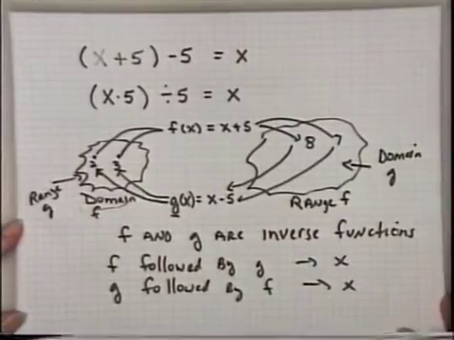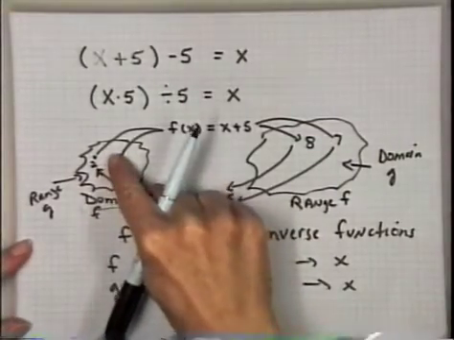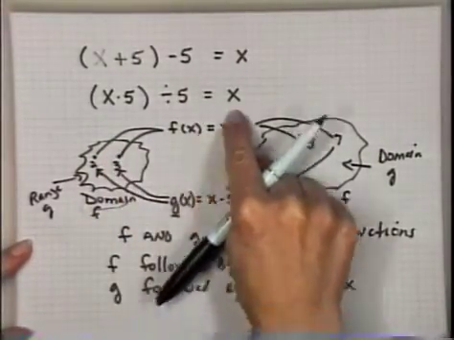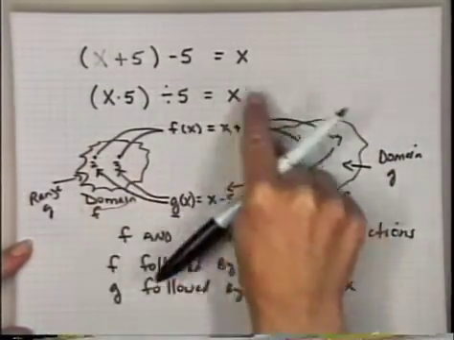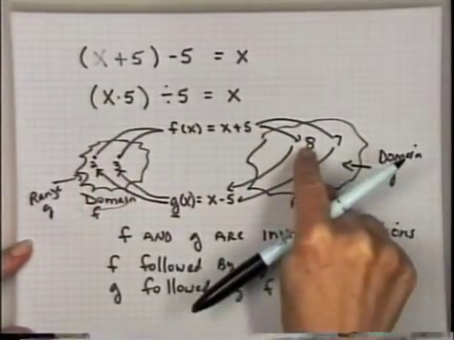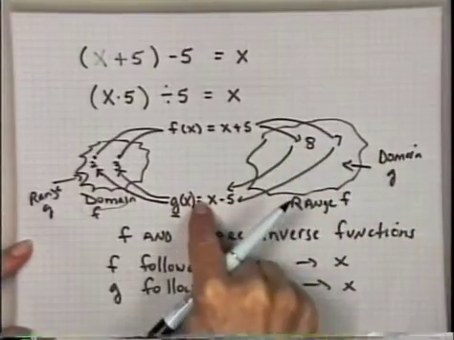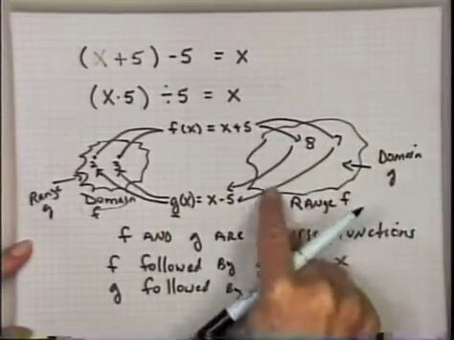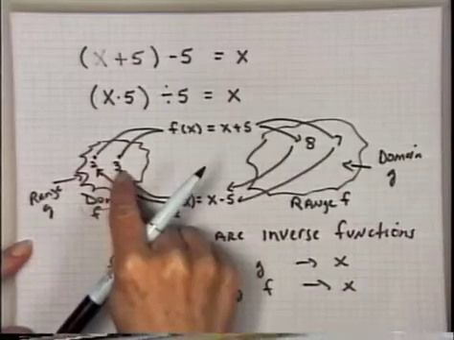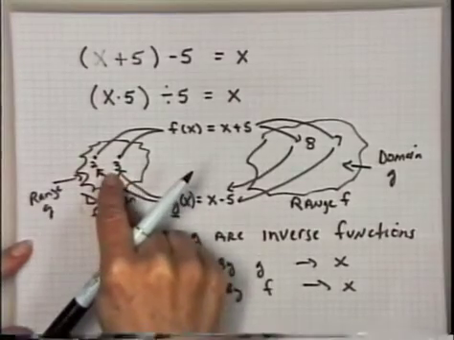Now let's look at the implication here. We put these numbers into f, and we get these answers. Domain of f, range of f. We take these numbers and put them in g, so this is the domain of g, and we get these answers, so this is the range of g.